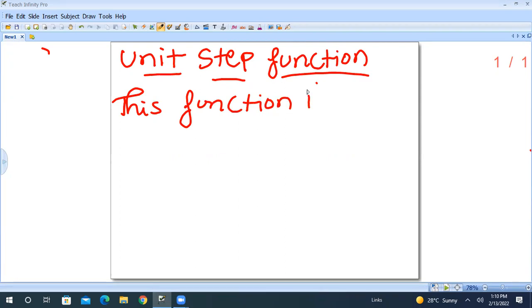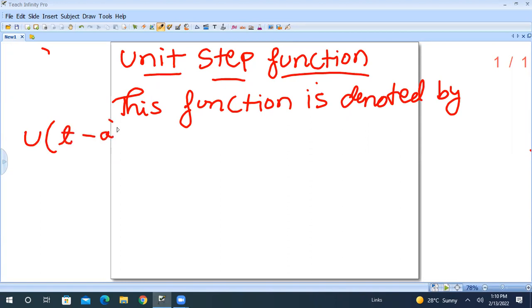This function is denoted by u of t minus a.